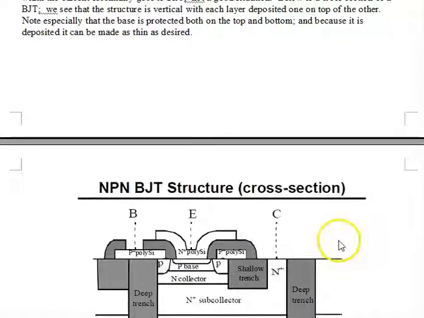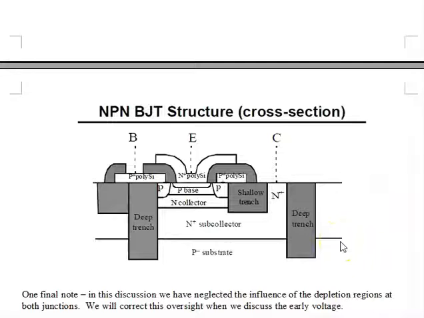Okay, so let's actually look at a cartoon of a real device. We have the emitter up here. We have the base, which is buried. We want to make sure that it is pristine and pure. And then we have the collector. This is not quite to scale, because really in a scale diagram, the base would be much narrower than it is shown here.